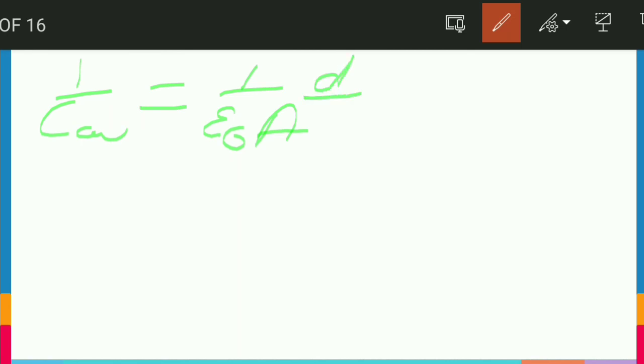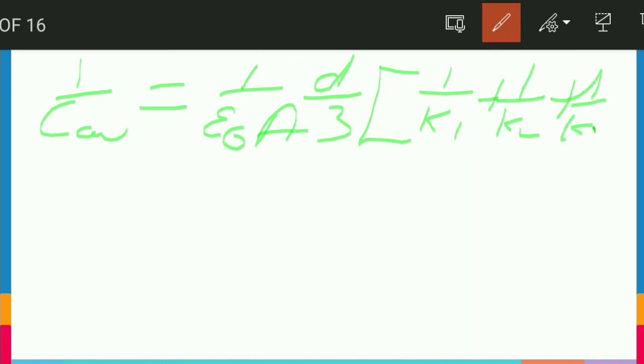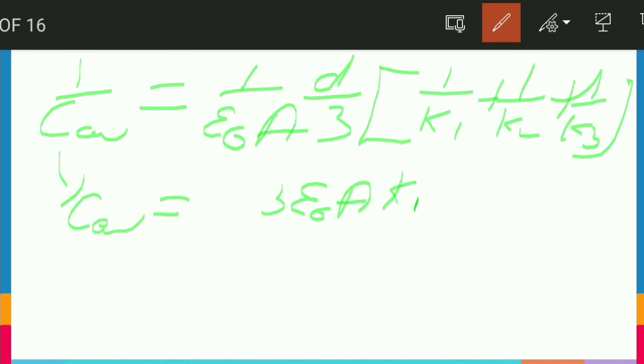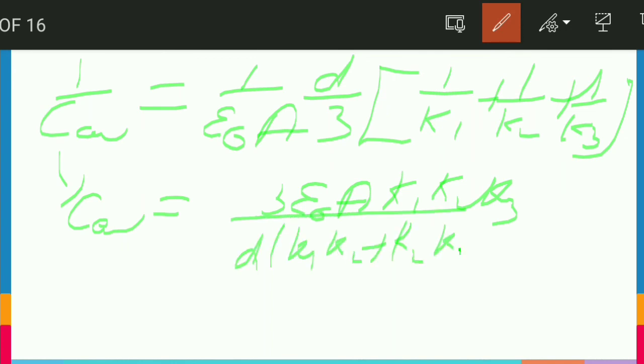So d by 3 will get common, and inside the bracket we will get only 1 upon k1 plus 1 upon k2 plus 1 upon k3. So by reciprocating it, we will get C equivalent equals to 3 times epsilon 0 A k1 k2 k3 upon d times k1 k2 plus k2 k3 plus k3 k1. This is our answer for this case.